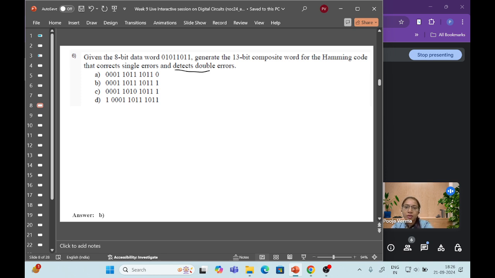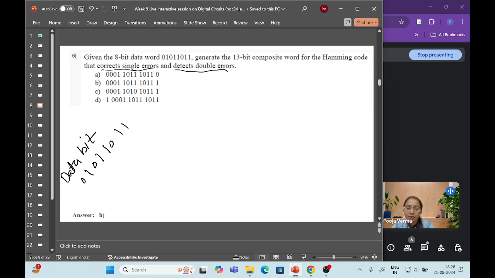Here also we need to detect double error and correct up to single error. Okay, so here the data bit is given.